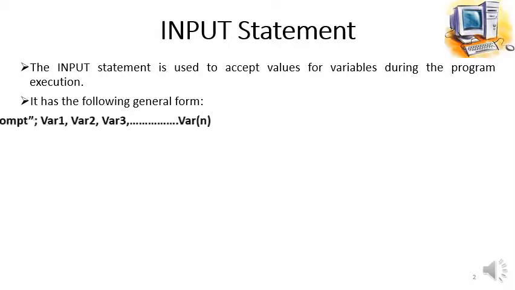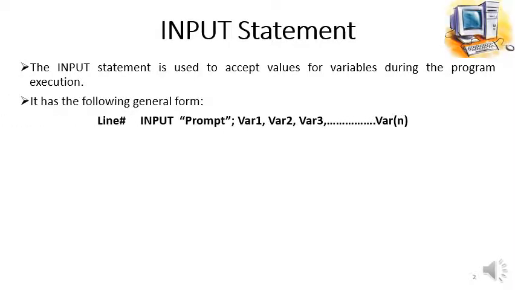It has the following general form: line number, then the keyword input, then there is prompt, means if you want to display any message, for example if you want to display enter the value of a, that is called prompt. The message is called prompt. It must be enclosed in double quotation marks. Then there is a semicolon, and after the semicolon you have to mention the variable or variables for which you want to input the values.